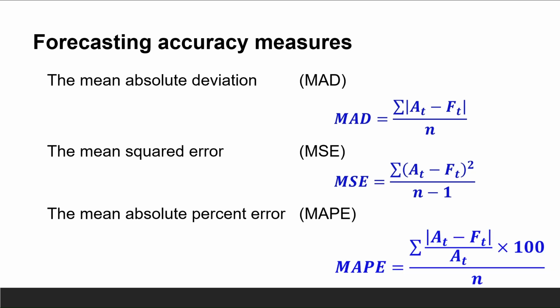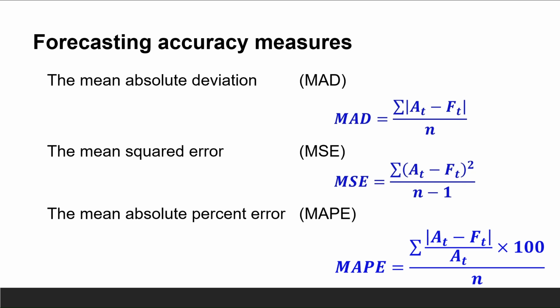And the mean absolute percent error can be computed using the shown formula: MAPE equals the summation of the absolute value of At minus Ft divided by At, multiplied by 100 to get the percentage of the error to the actual sales, and divide all this by N.